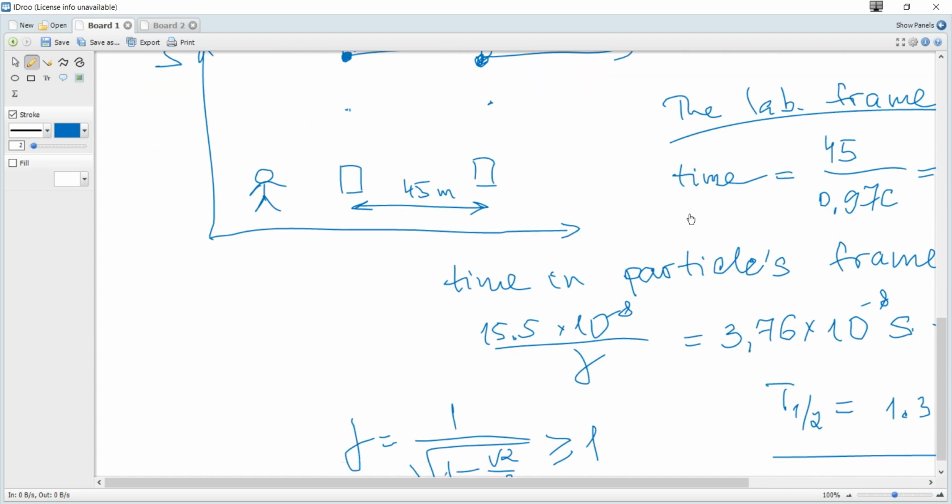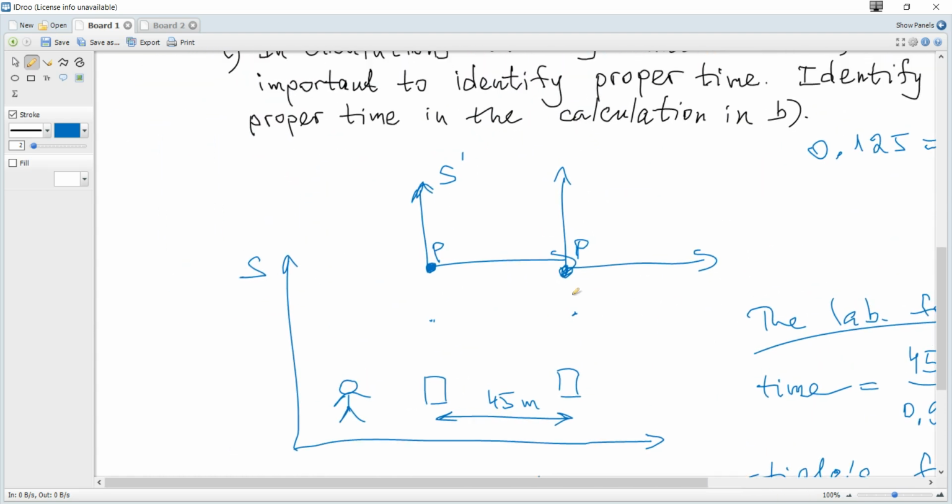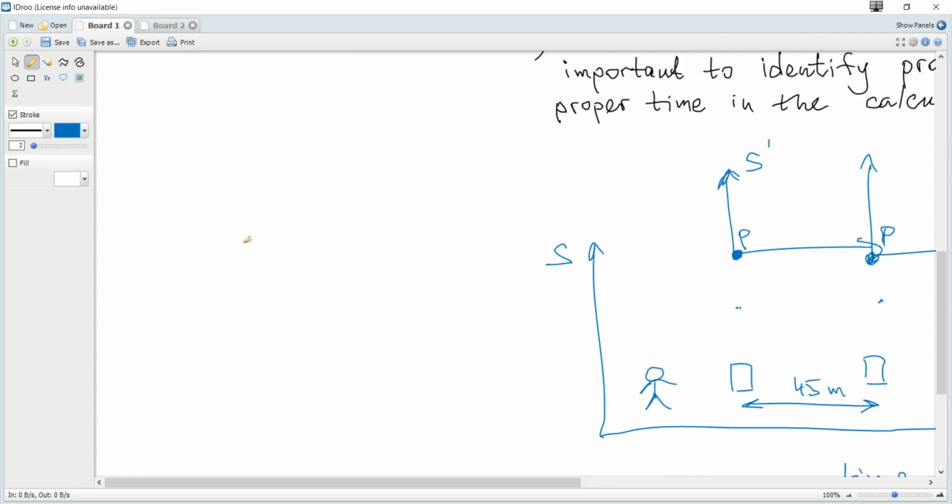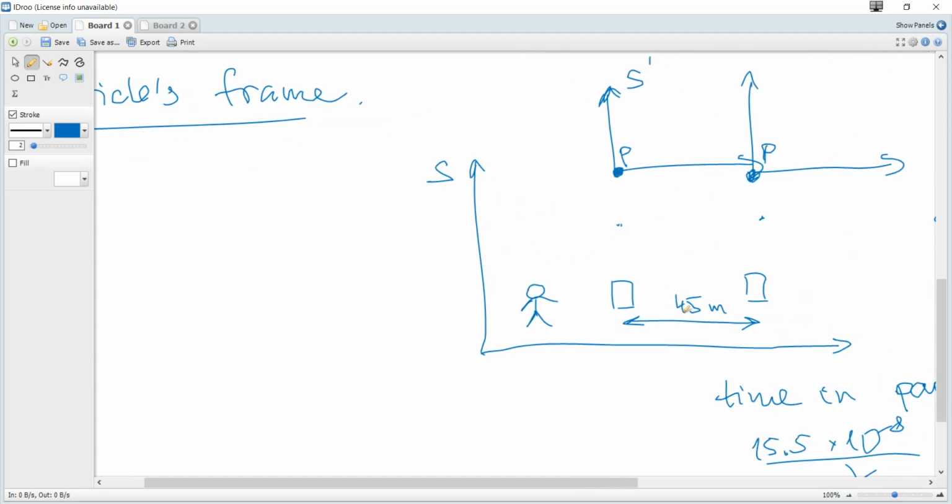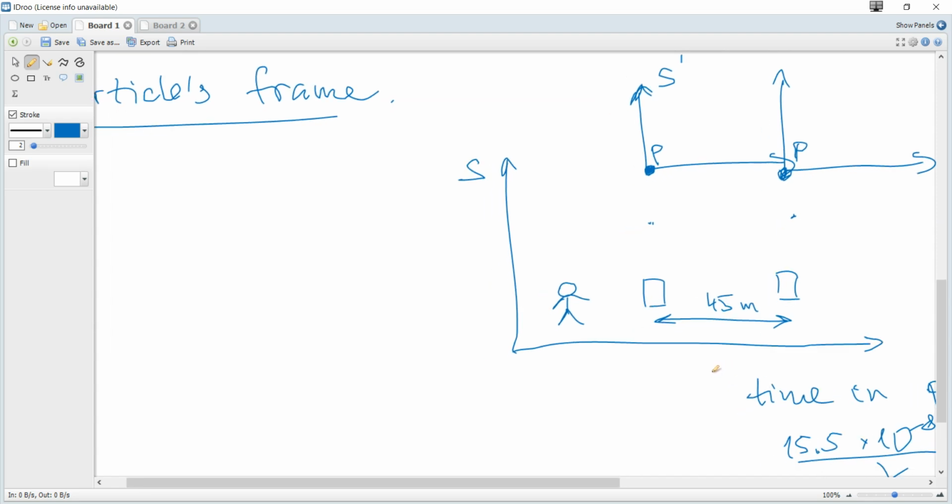And another way, we can consider the moving reference frame, so in the particle's frame, this distance will be equal to 45 divided by gamma, because proper length is measured by the reference frame in which some distance or object is stationary.